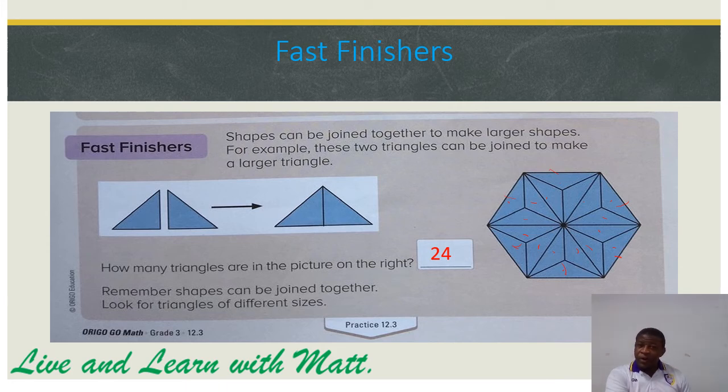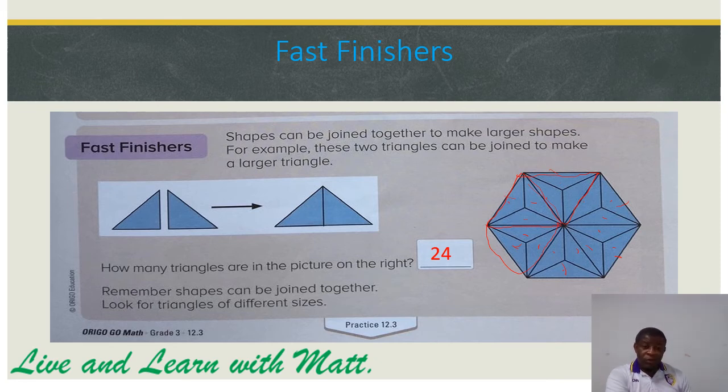We have 24 triangles in total. The larger ones are here. This is a triangle. Continue like that. That is a triangle.